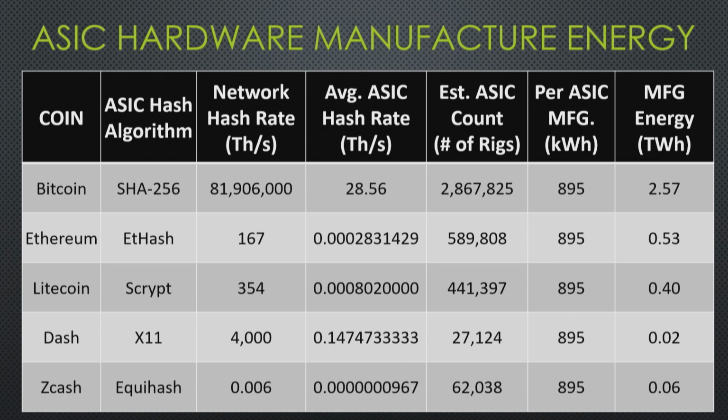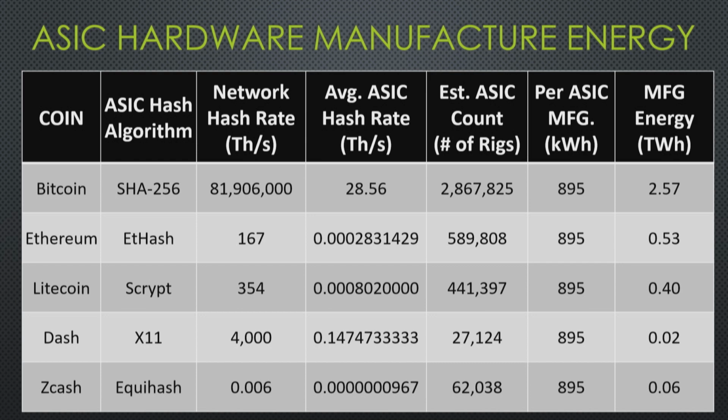This is in terahashes per second, and Zcash is still in the kilosolution range, so they're quite a bit lower in total hash output than, say, the average Bitcoin miner, which would output about 28 or 30 terahashes per second.